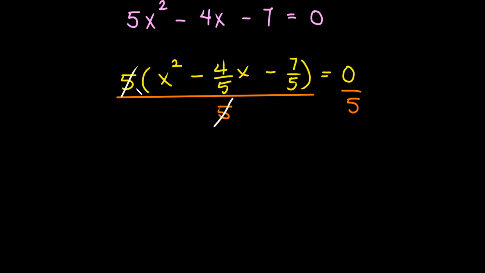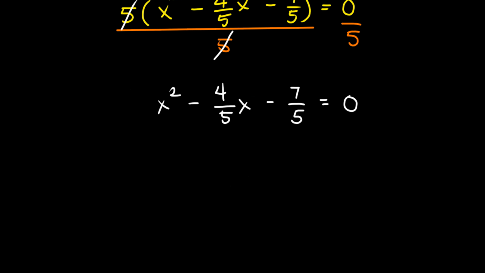We don't have to worry about the 5 and then redistribute it at the end. In other words, this is equivalent to solving this problem: x squared minus 4 fifths x minus 7 fifths equals now 0. You could have left the 5 there. You could have distributed it back in at the end. You would have ended up getting rid of it anyways at the end. We just cut to the chase here and got rid of it right away.